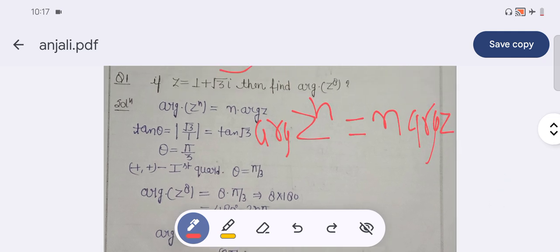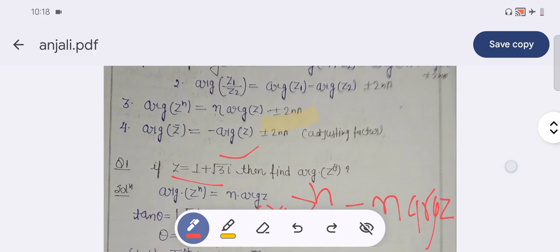So in this equation, we need to find out the argument of z. We know tan theta is equal to mod of b upon a. In this equation, what is the value of b? Root 3 upon 1. So tan theta is equal to root 3.